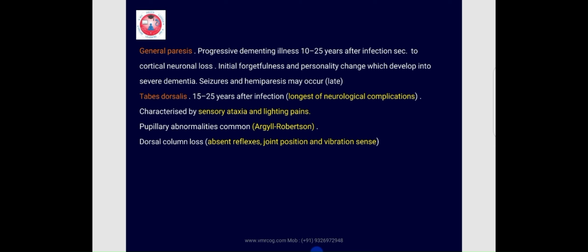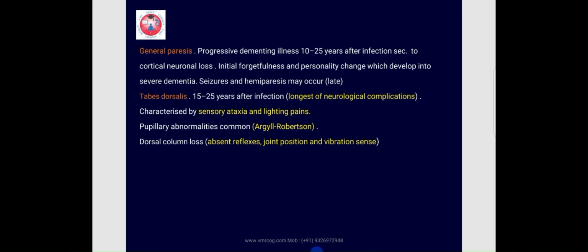Okay, so there is initial forgetfulness or memory loss, and there are personality changes which develop into severe dementia. Seizures and hemiparesis may occur. The timing of presentation is around 10 to 25 years after the infection. Okay, the pathology is cortical neuronal loss in general paresis.